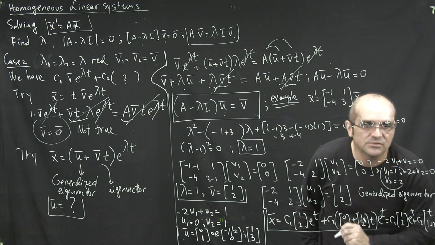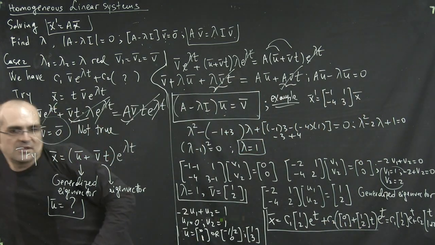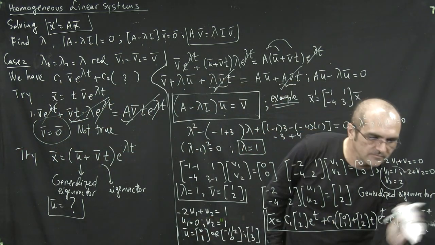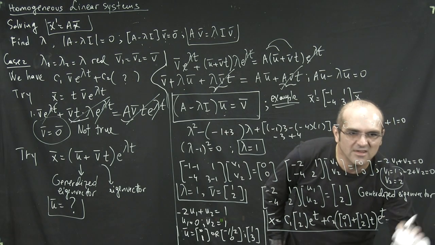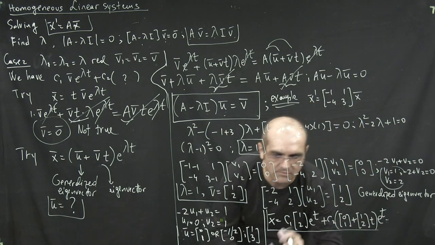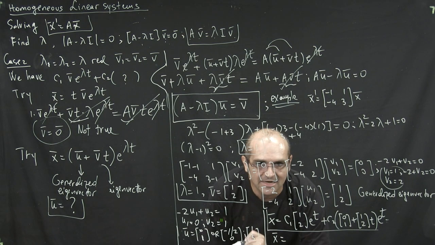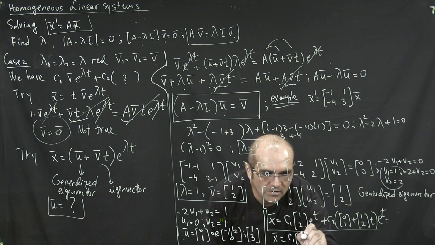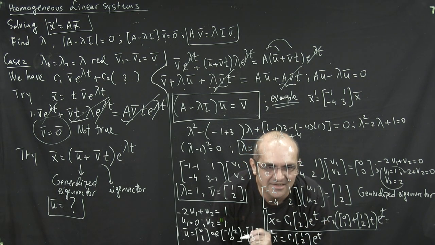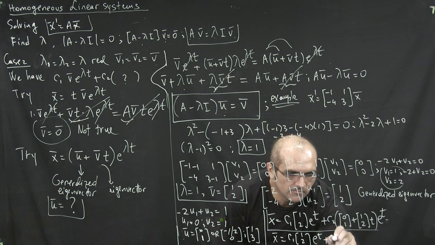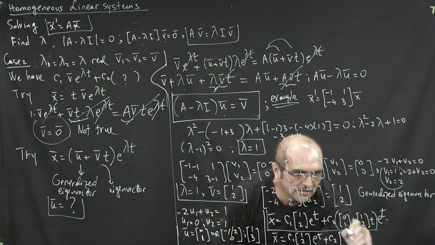I get greedy sometimes with the space. Let me put it underneath. So you can write x as c1 times 1, 2 e to the t, plus c2 times t, 1 plus 2t, e to the t.